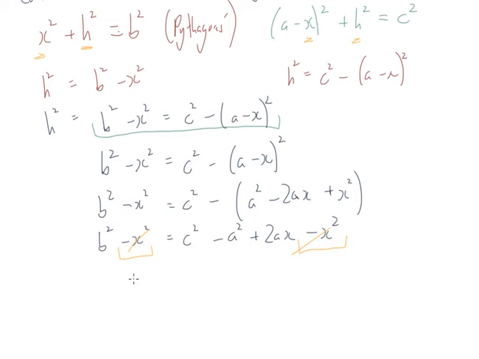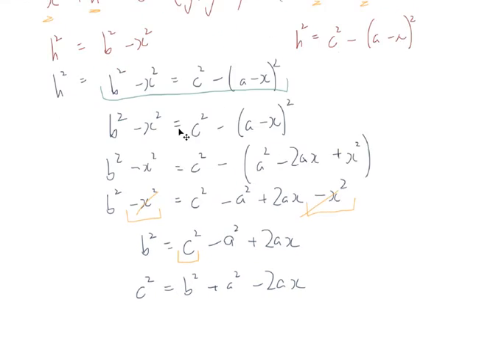So I get now that b squared equals c squared minus a squared plus 2ax. I'm going to rearrange now to get the c squared by itself. This stuff over here I'm going to move to the other side, so c squared equals b squared plus a squared minus 2ax.